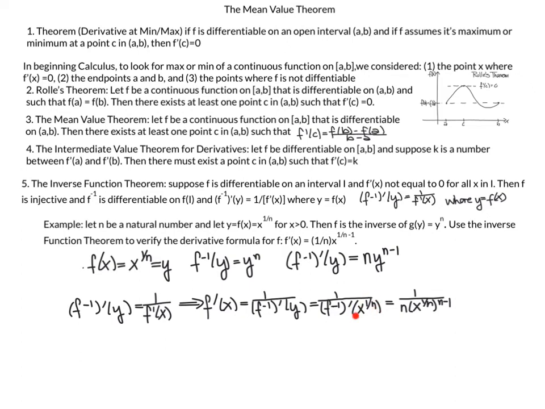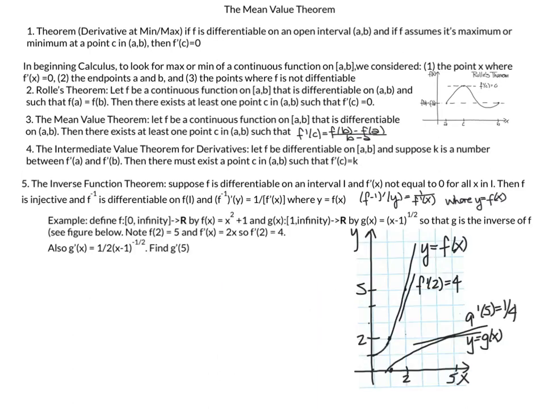And now I can plug this value of y into my derivative, which is right here. So that's going to be 1 over, and now I'm going to have n times my value of y, which is x to the 1 over n, raised to the n minus 1. And the rest is just algebra to get it back into this form that we wanted to show.